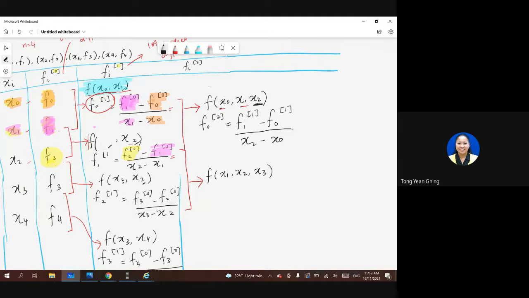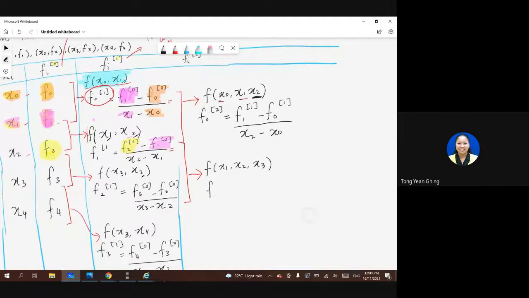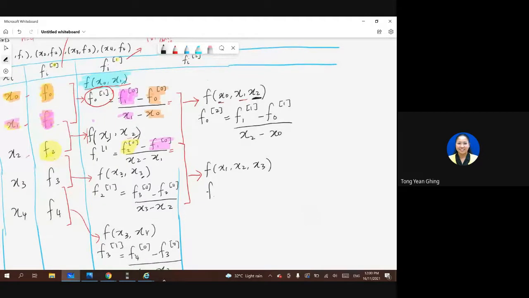Kenapa dia hilang. This one, x1. Dah hilang. Boleh dah. X1. So, kita punya F seterusnya adalah F1. Selepas saya update dia punya whiteboard ni jadi pening. Tak keluar.